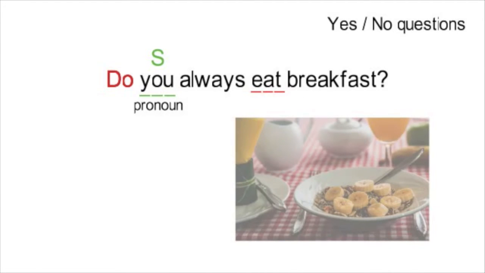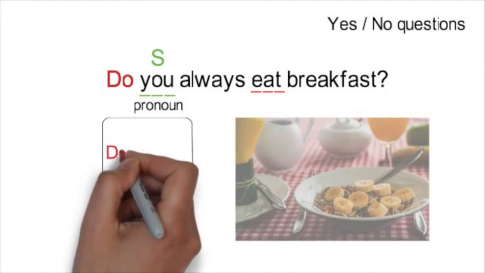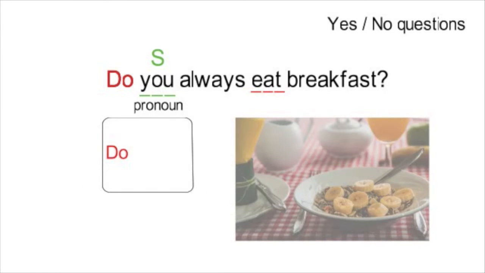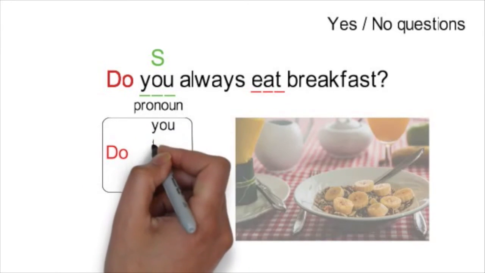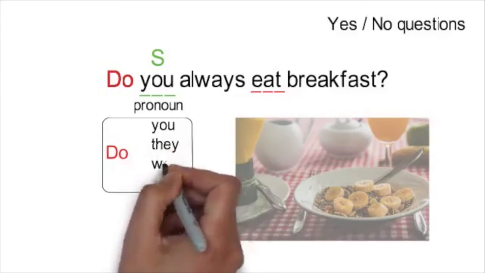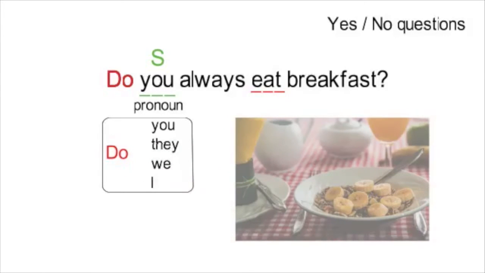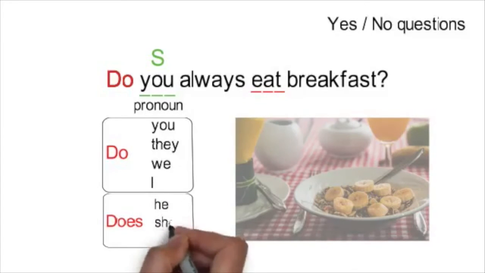Let's quickly review this rule. We use do, the helping word, when we talk about you, they, we, I, and plural nouns. These are the subjects. However, we use does for the subjects he, she, it, and singular nouns.